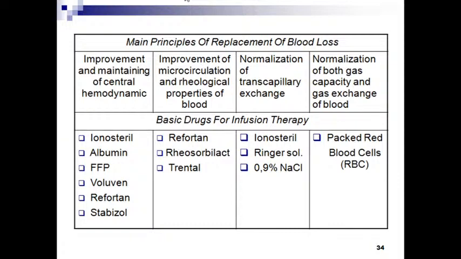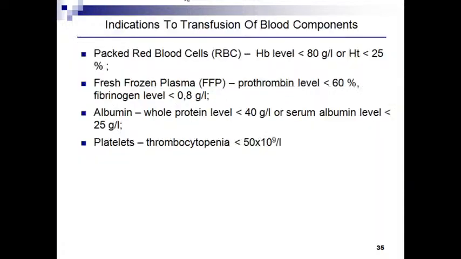We can use Ionosteril, Ringer solution, or saline solution, normal saline solution. These are crystalloids. And normalization of gas exchange and gas capacity. We should use packed red blood cells, donor erythrocytes, for correction of gas capacity of blood.